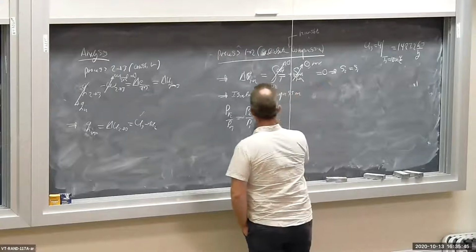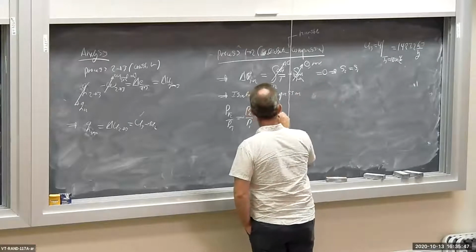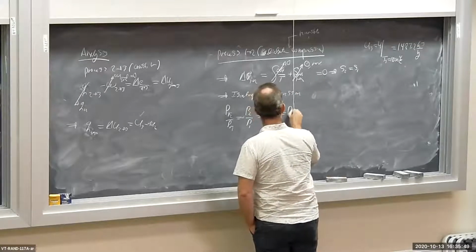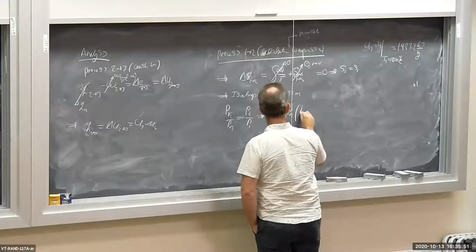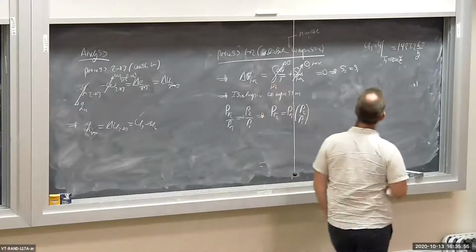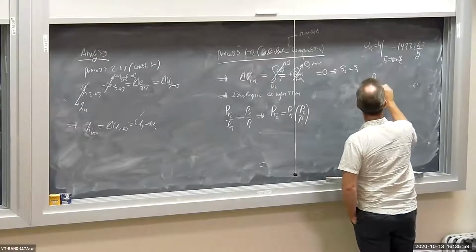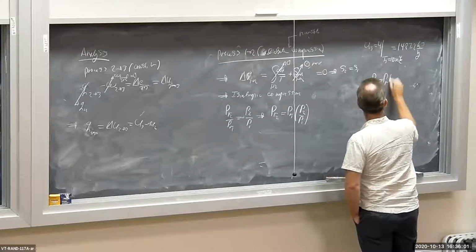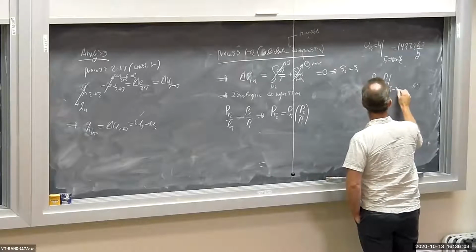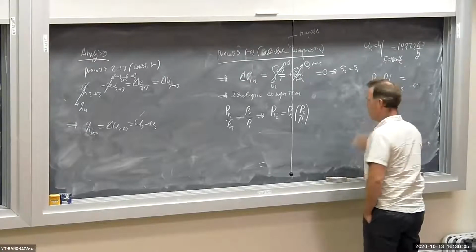So PR2 is equal to PR1 times P2 over P1. Now PR1 is equal to PR evaluated at T1, which is 300 Kelvin.